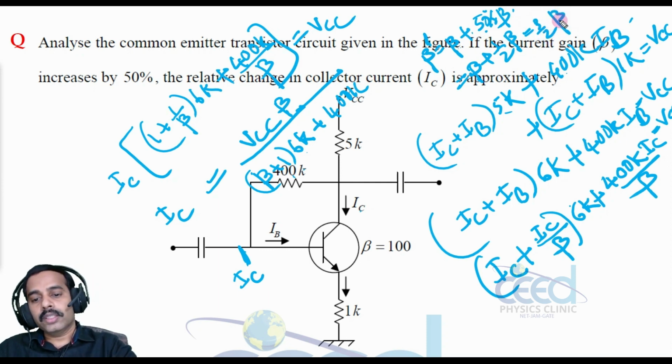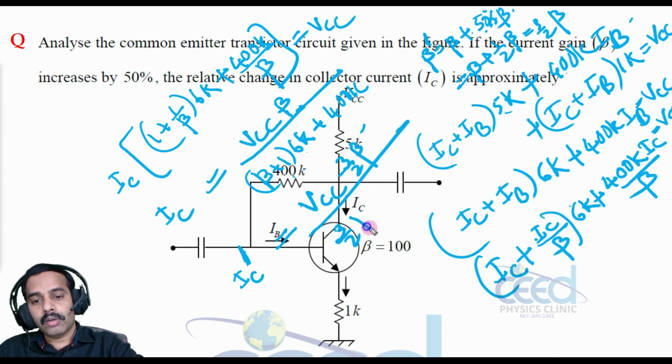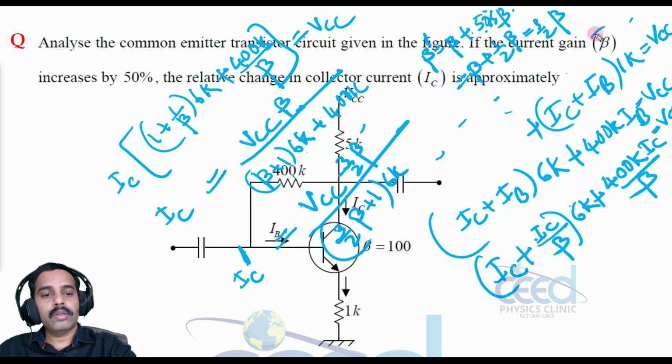So IC dash is equal to VCC into 3/2 beta divided by 3/2 beta plus 1 into 6K, plus 400K.